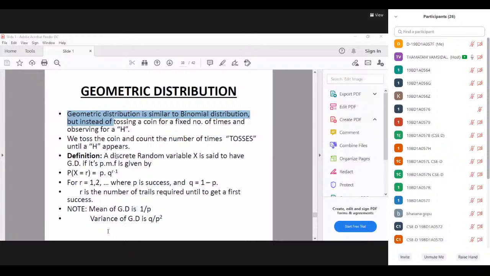Okay. Now we'll discuss the problems on geometric distribution, and also see the definition.